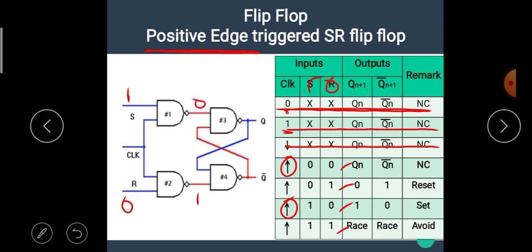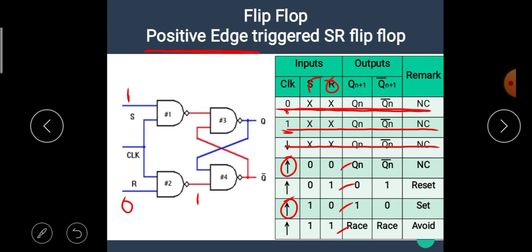NAND gate 3 has one input 0, hence its output is forced to 1. This 1 is connected as the input of NAND gate 4, and the output of NAND gate 4 becomes 0. That means we get Q equal to 1 and Q bar equal to 0, which is the set condition.